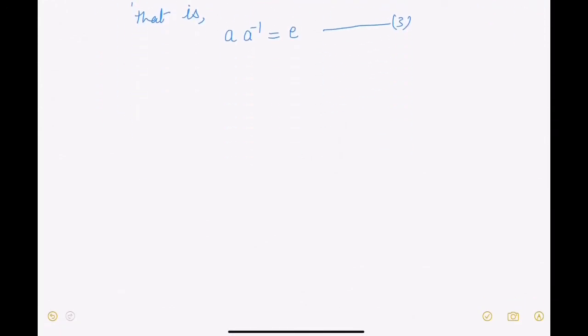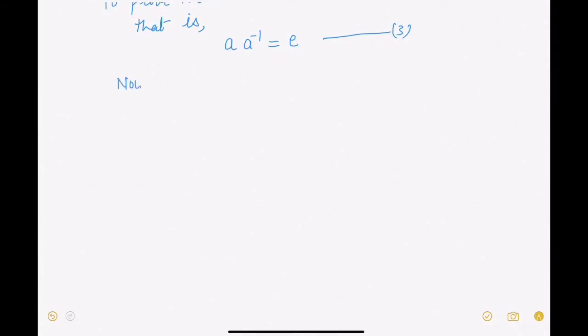Let us see what is the value of A inverse. We take A inverse operated on A inverse. Using the associative property, we group these two elements: A inverse A operated on A inverse.